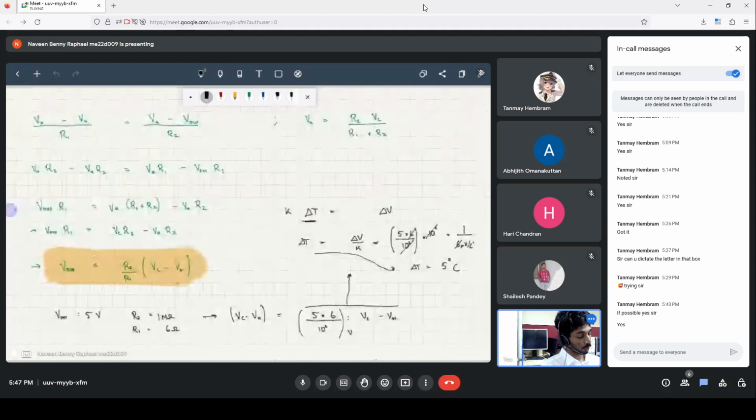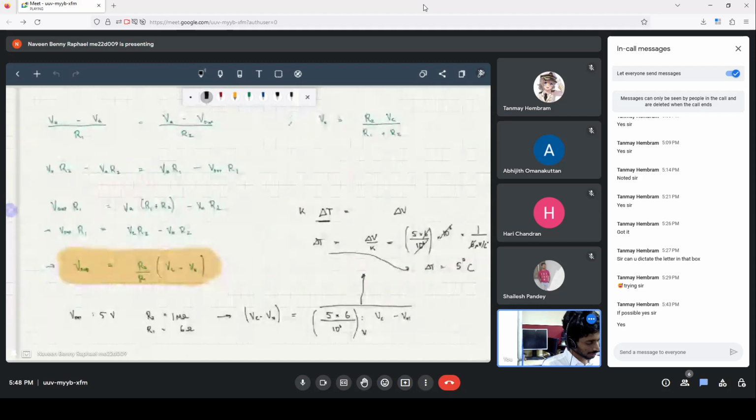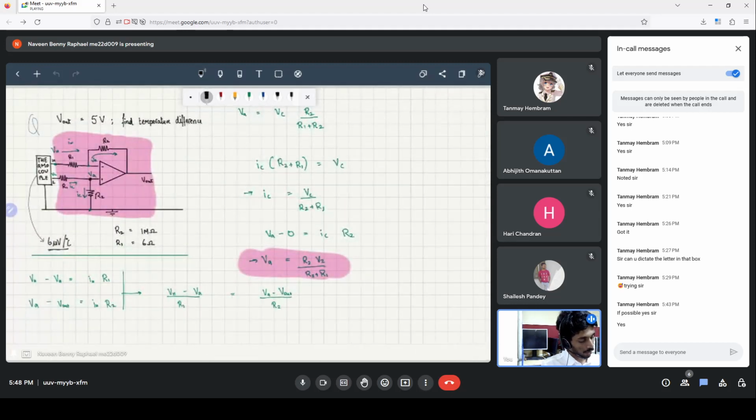So if I had to go through this question again, the first part of the question was how I explained that this circuit is a difference amplifier. That is, given two potentials, the output of the circuit is a constant multiplied by the difference of these two potentials. Then I explained how a thermocouple is a sensor that gives us a potential difference given a temperature difference.